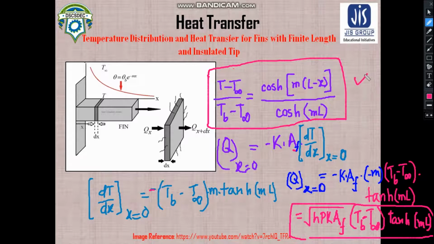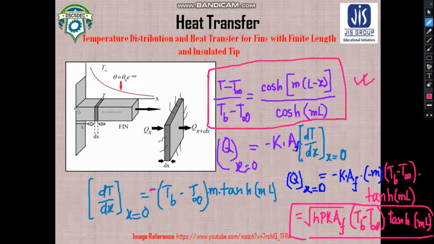So we will use these two formulas to solve the different numerical problems. But I would like to tell you one thing. Suppose there are two extra fins attached here. If you are asked to find the heat transfer rate from the finned and the unfinned surface, how can you calculate it? The basic point depends on the area.